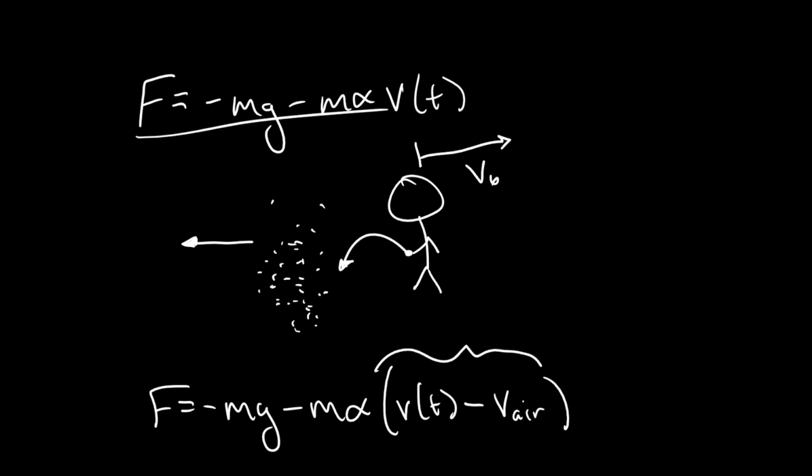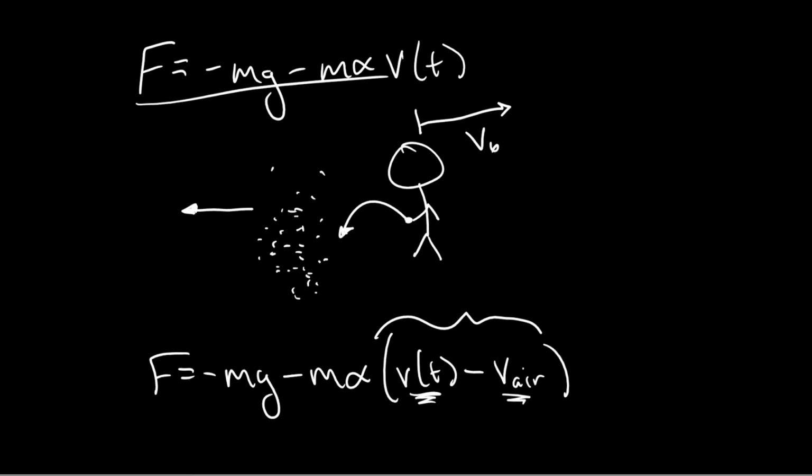And this actually makes a lot more sense to consider, because the velocity of the ball is subjective, as we've already seen, but so is the velocity of the air. So what we really care about is how fast the air sees the ball moving. And so that's exactly what this difference is telling us.